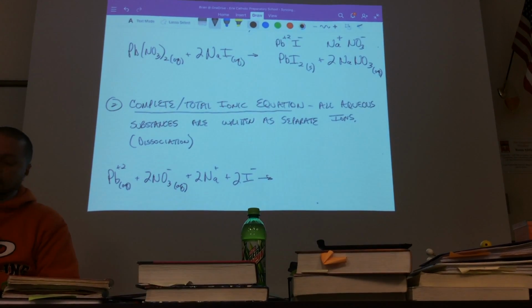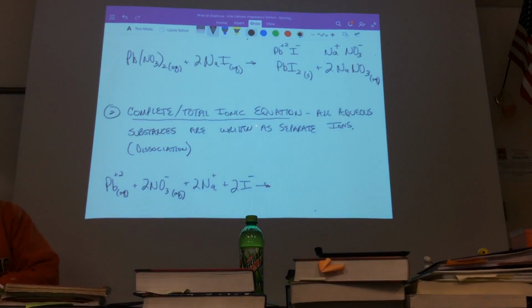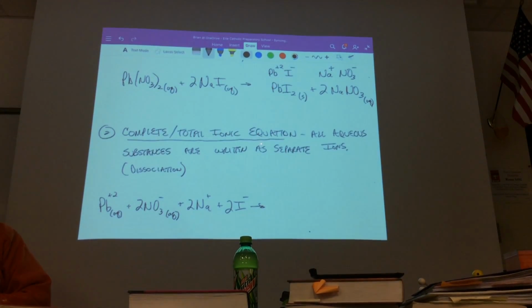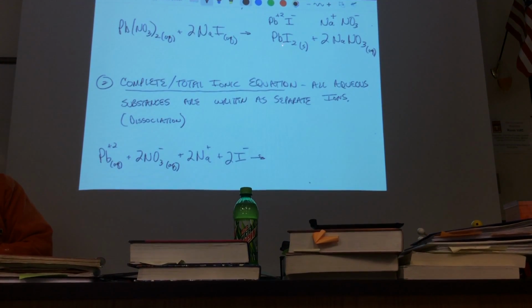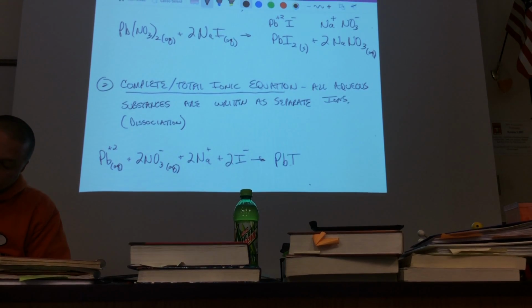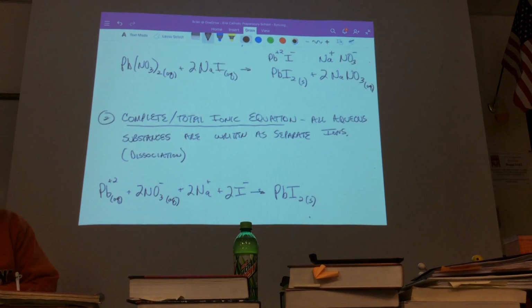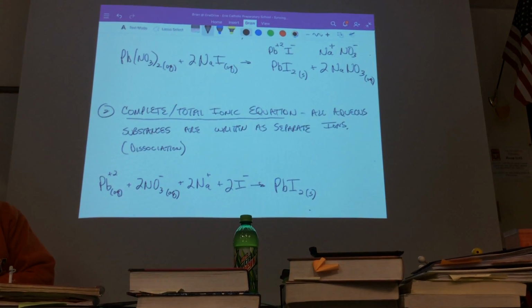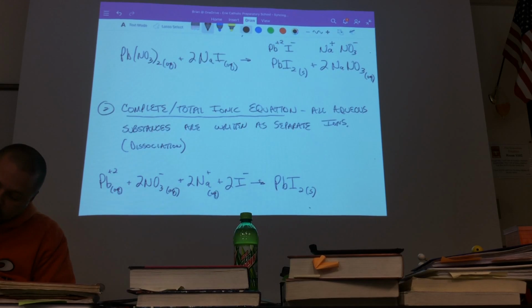Yielding. Now this thing is a solid. And this step says just separate the ions from aqueous substances. So basically, I'm just going to copy this thing down. PbI2 solid. I'm not going to mess with that. Wait, so what state are the sodiums and the iodine in? They're in, oh, geez, aqueous. Oh, yes.